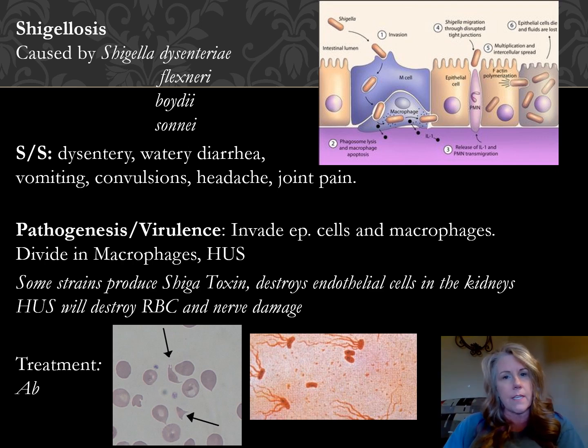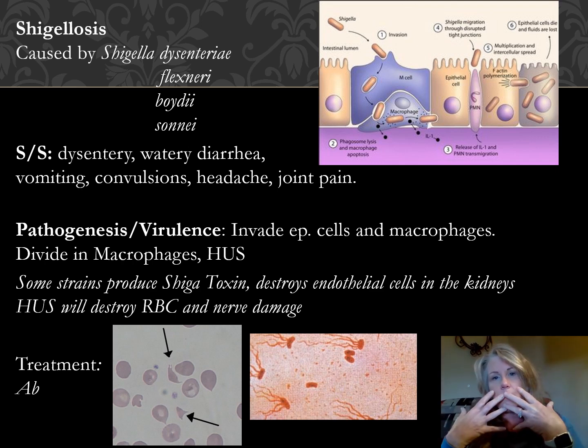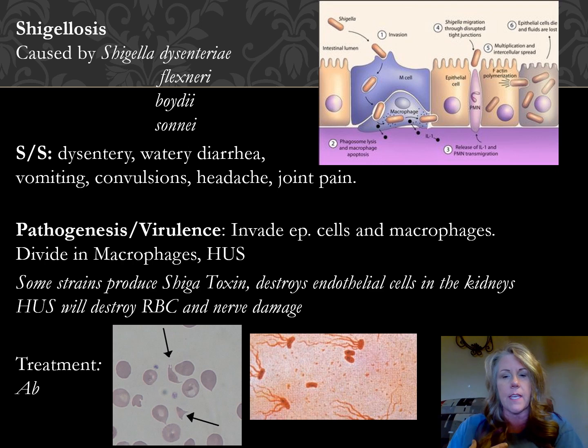So, if you're eating something that's been contaminated, or even from close contact, and you touch your mouth, touch your nose, and it gets in, then you only have to have those 10 cells for it to establish an infection in the body. And if it's going to be resistant to stomach acid, it's going to get right on through to the small intestine and then therefore the large intestine. But luckily, antibiotics will treat shigellosis.